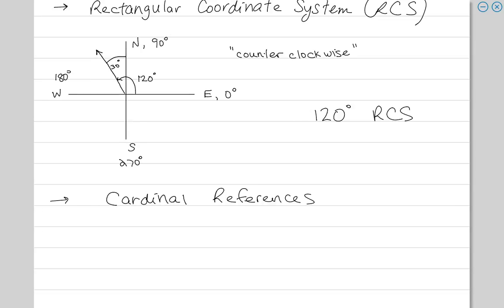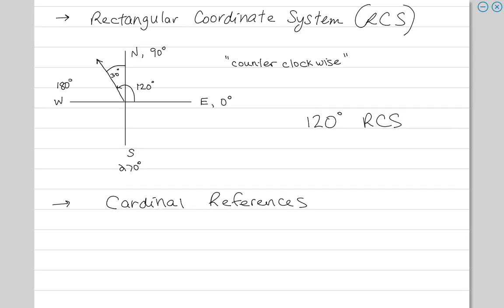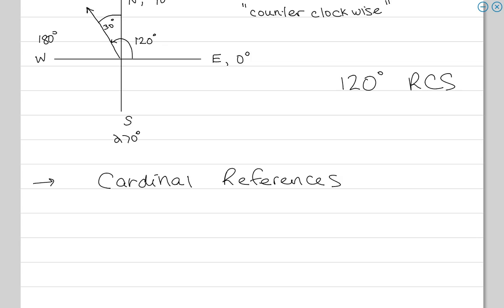And before we get there, any questions about the RCS? Any questions about that? Start at 0 on the eastern horizon. Imagine the sun rising in the east and setting in the west. Okay, a 120 degree angle would be right here, just 30 degrees off of this spot here, 120 degree RCS. Okay, now the cardinal. So again, one more grid.